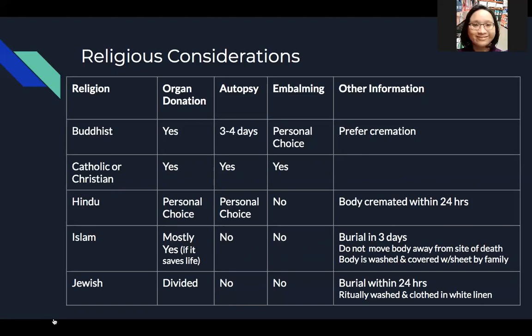So they also don't do autopsy or embalming. The Jewish faith tends to be divided on organ donation, but most agree that it's okay if it saves another person's life, but they are also against autopsy and embalming. That's very similar to the Islam faith, where they want the body to return to the earth quickly. So they will usually refuse autopsy, and they usually refuse embalming.